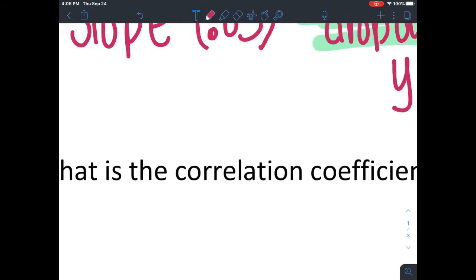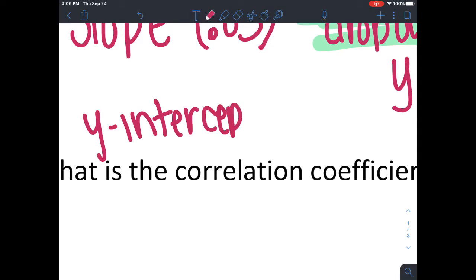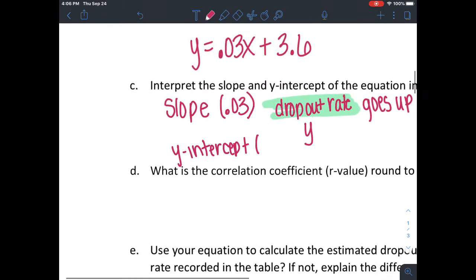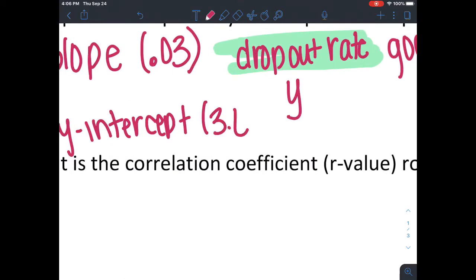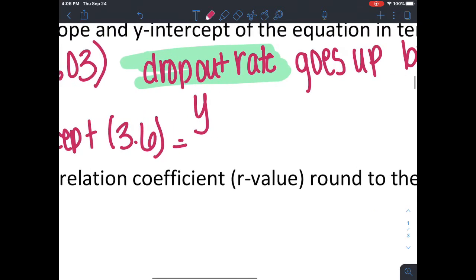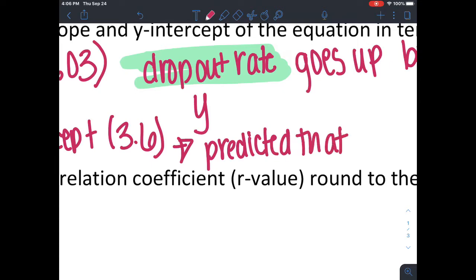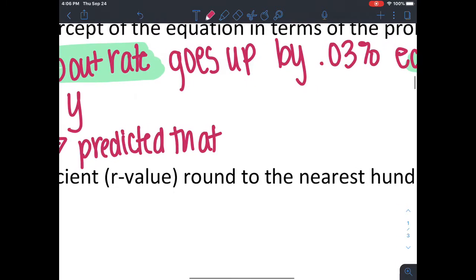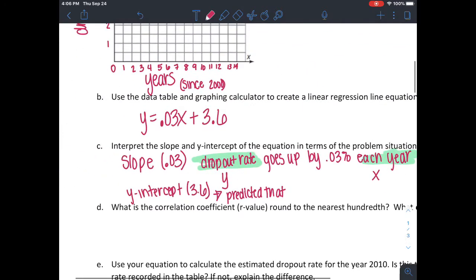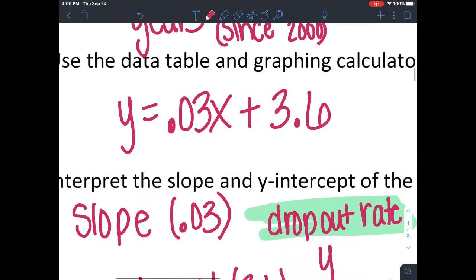And then for my y-intercept, which was 3.6. And remember, this is just a prediction. So it is predicted that year 0, which in this case is year 2000, because that's where my graph started, was year 2000.